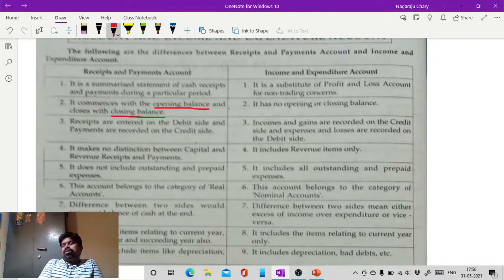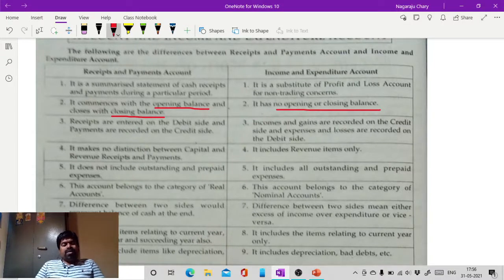So it starts with the opening balance and ends with the closing balance. Whereas in case of income and expenditure, there is no opening balance and closing balance, but instead of a closing balance we get a surplus or deficit.